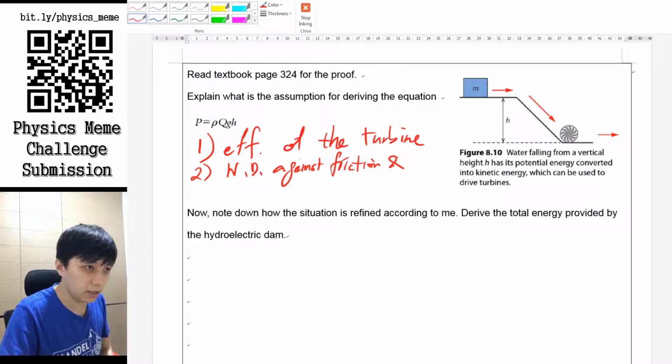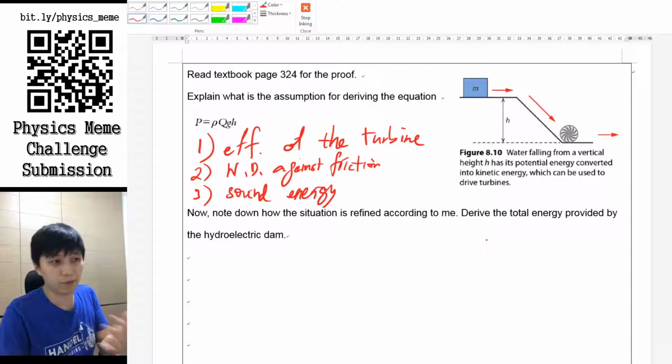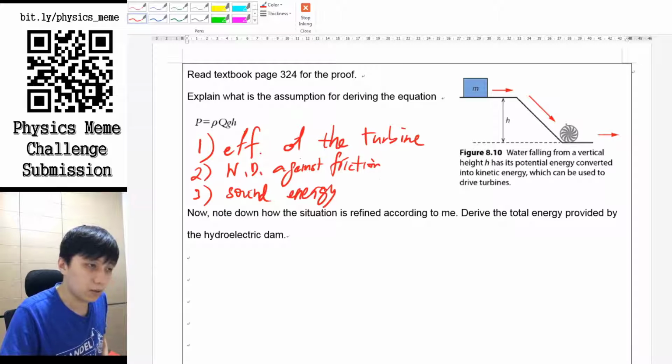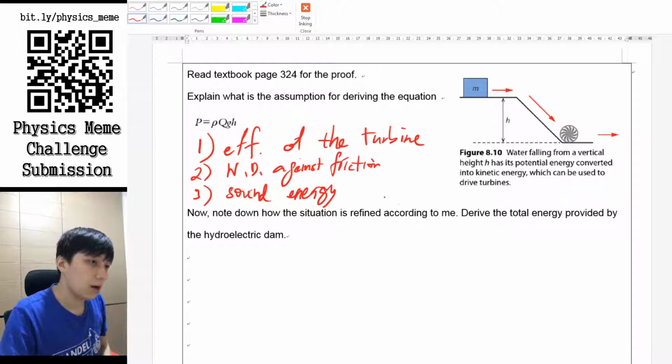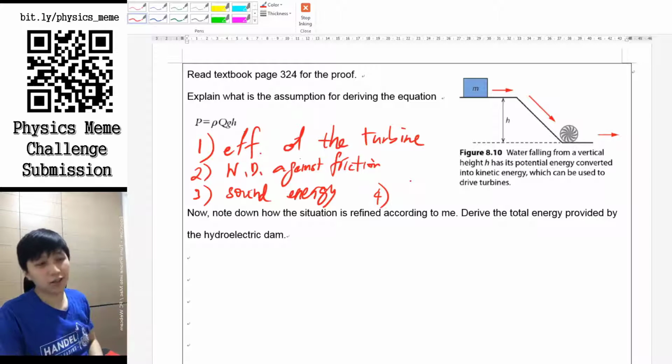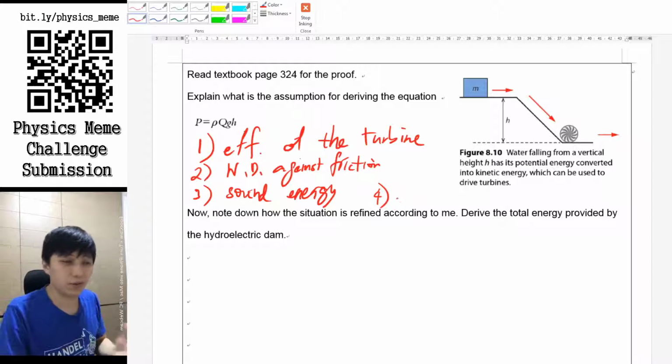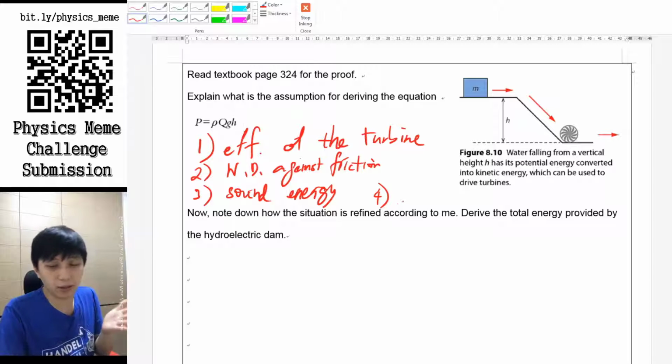Or, if you like to put it down as the third one, there must be some sort of sound energy loss, because obviously you can't flow the water completely silently. So that must be part of the energy that has been taken away. However, none of these are actually what I would like to point out, because these are things you could already think of in IGCSE.